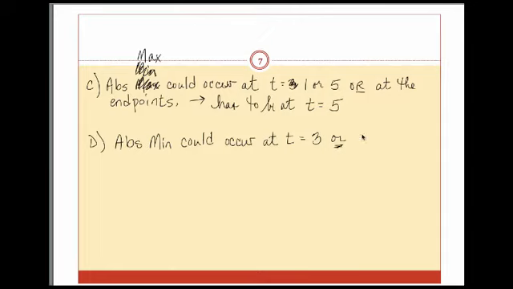But remember, it could also be the endpoints. Let's go through the same thinking. Up to 3, we definitely know we have negative area. So that's some kind of negative something, and it takes care of t equals 3.